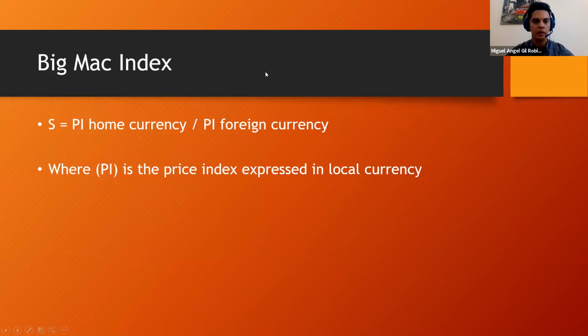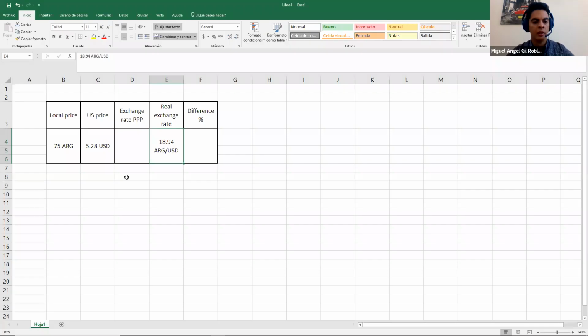So let me give you an example, because you are going to face something like this in activity number 5. This is the data that you have. This is the local price for a burger in Argentina, 75 Argentinian pesos, and then you have the price in the US.